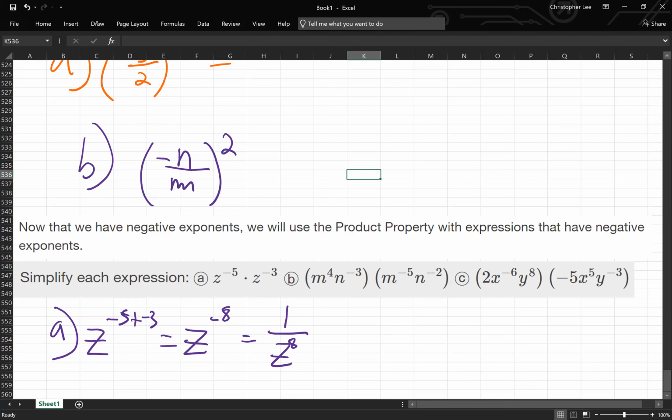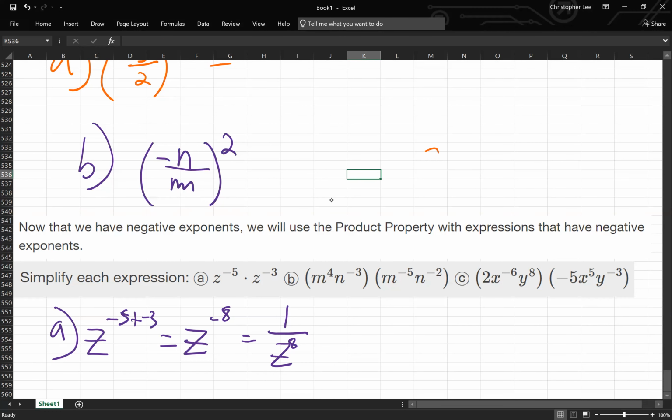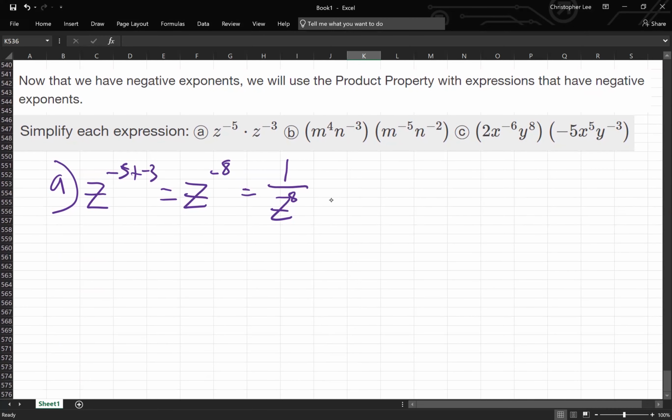All right. So I have m to the fourth, n to the negative third, times m to the negative fifth, times n to the negative second. What do I do here?